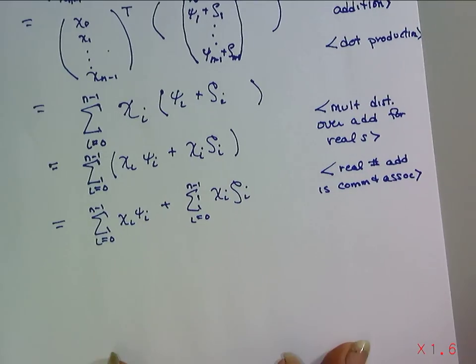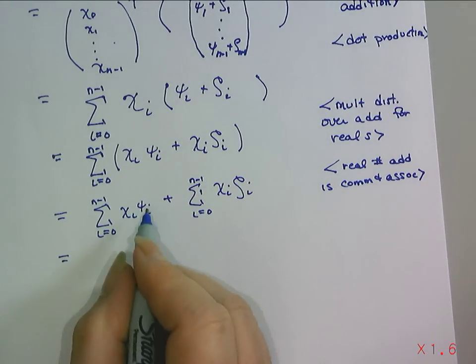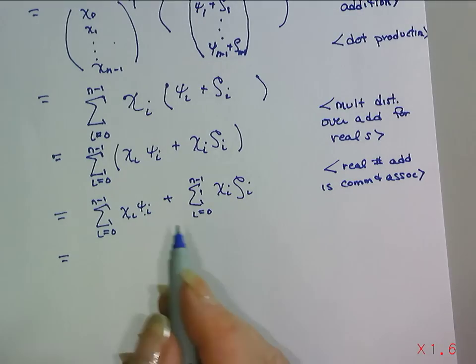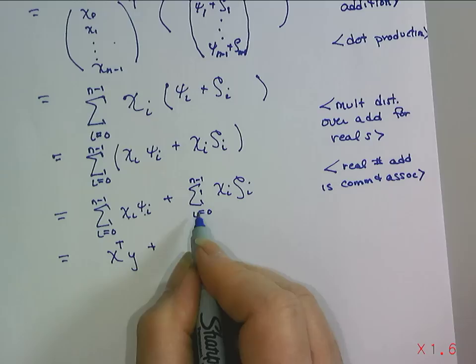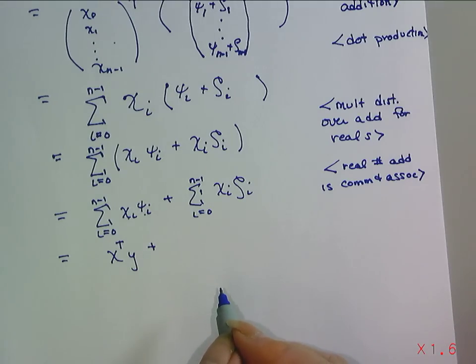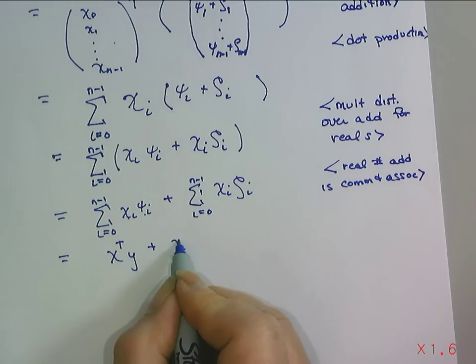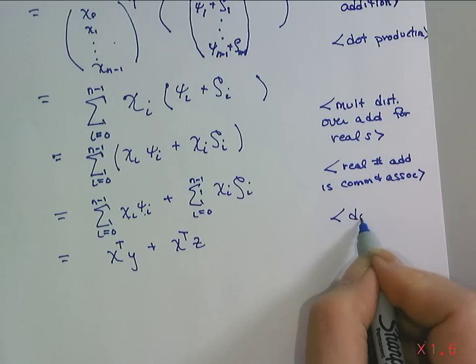Now let's look and see what we have here. This first term is just the dot product of x with y. And the second term here is just the dot product of x with z. By definition of dot product.